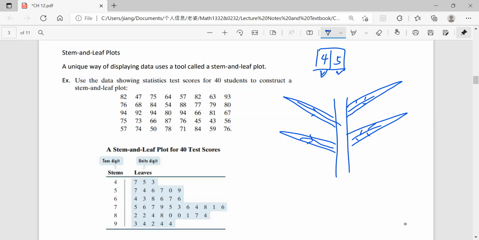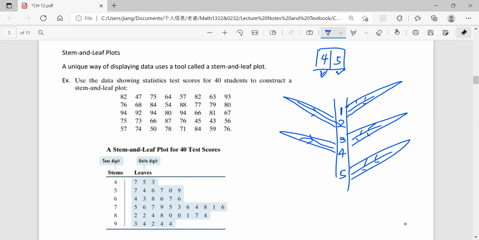For example, from the smaller number to the bigger number, I can't have 0, I can have 1, 2, 3, 4, 5. Make it pretty. 1, 2, 3, 4, 5 is here.